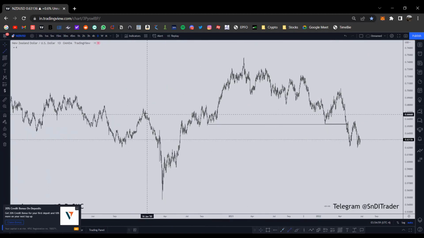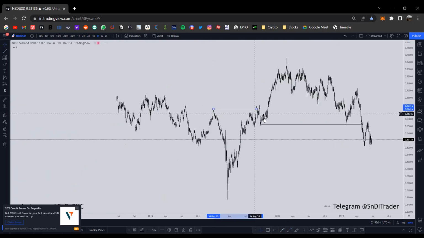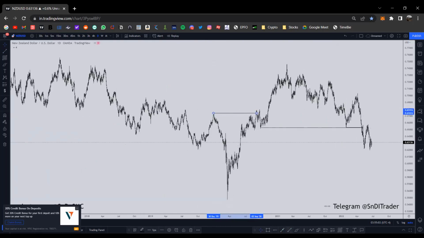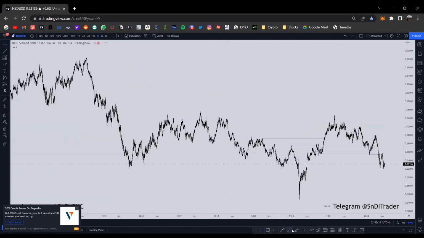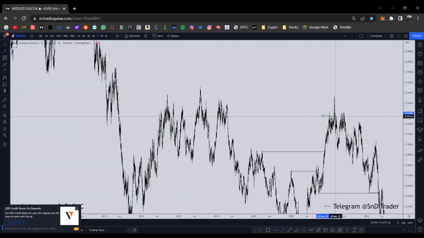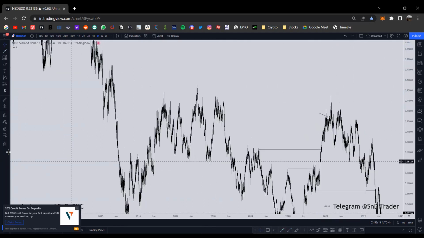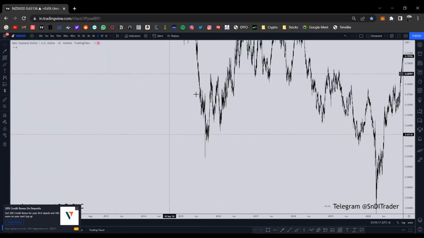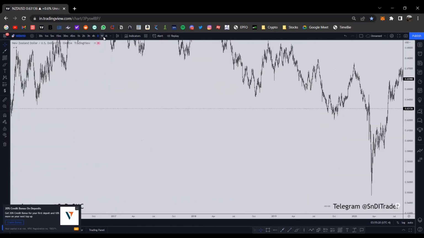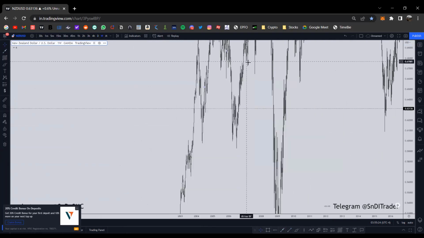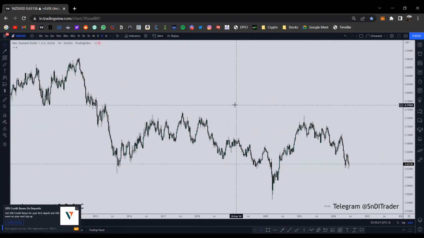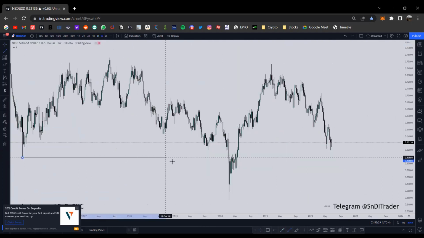Okay, we have this as a BMS towards the upside right here, and we will have this as a BMS towards the upside, and we will have this as a BMS towards the downside.